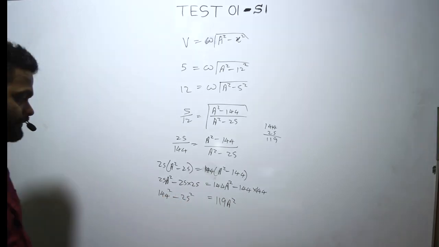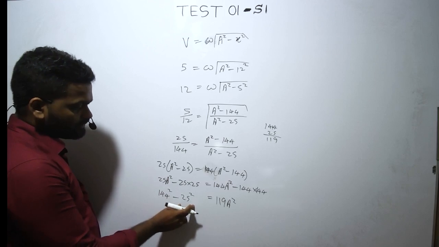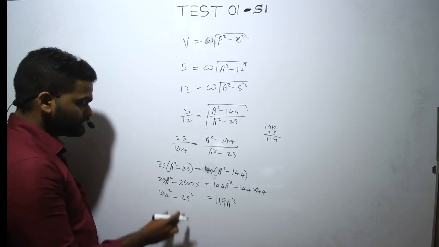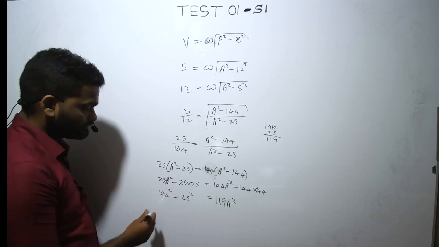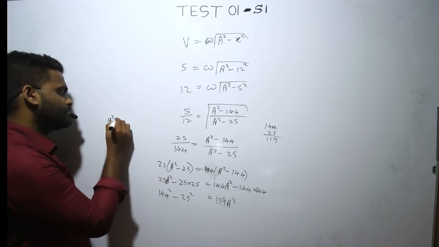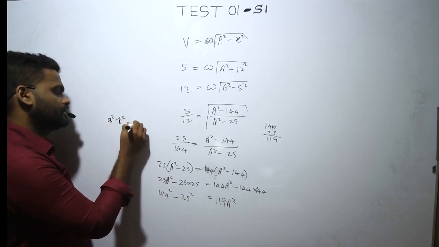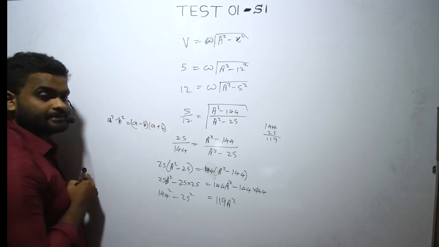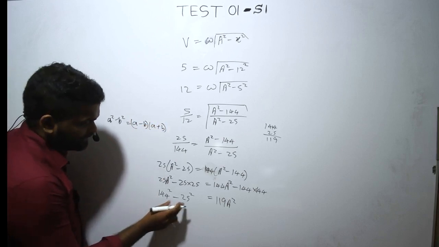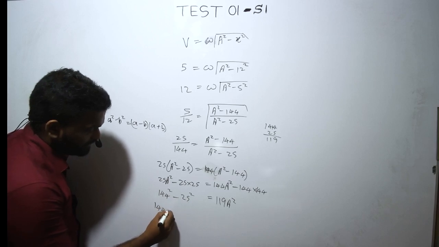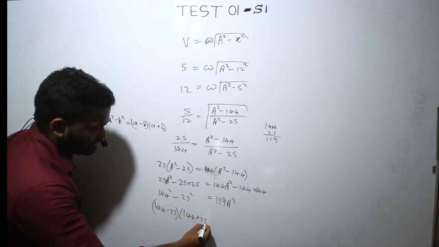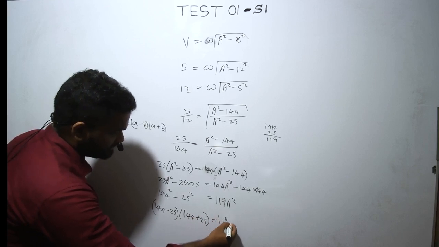Now we have difference of two squares. So how can you write this? This is like a squared minus b squared, right? So it is a minus b, a plus b. You can write it like that. So here it is 144 minus 25 times 144 plus 25 equals 119 A squared.